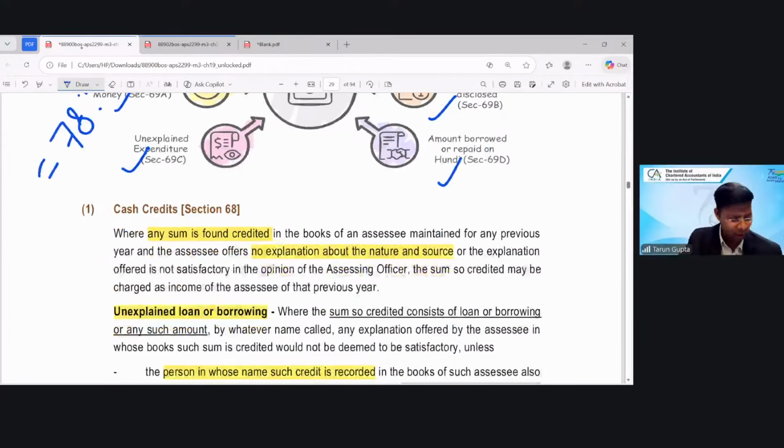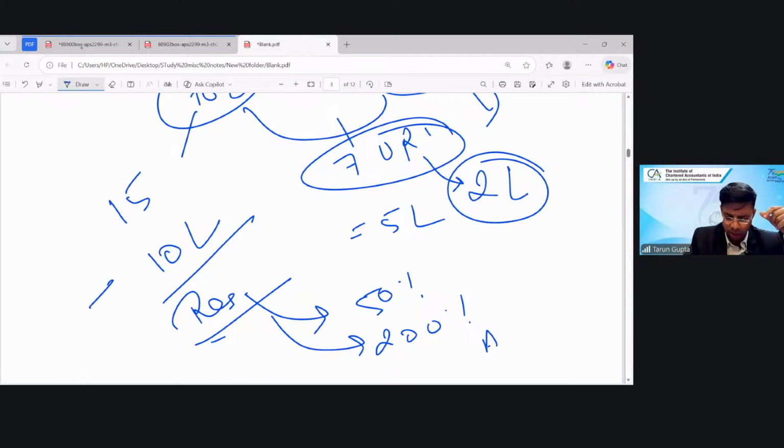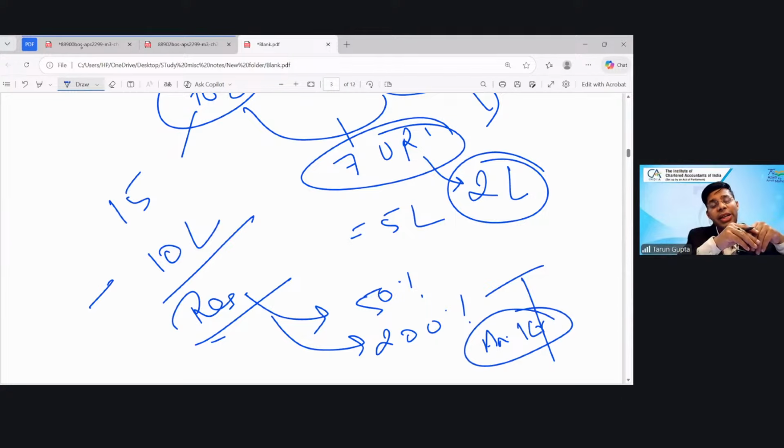So what does section 68, the most important section, cash credit, say? It says that when any amount is found credited into your books of account, some liability, and you could not provide the explanation of the nature and source of such amount. So there is a liability in your books of account showing the name of, say, Tarun Gupta, amount payable rupees 1 crore, and you could not provide the nature or source.